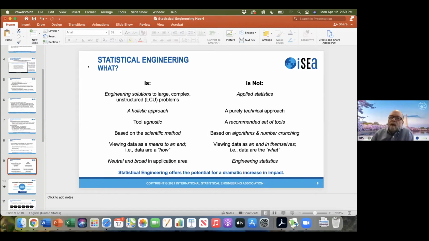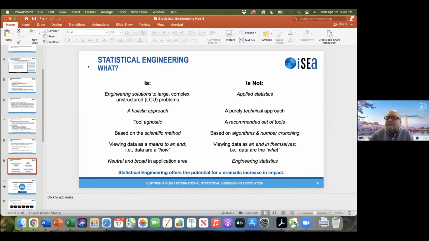Now, as we think about what it really is, one way I like to view it is what it's not. So what I have in this slide is sort of comparing what it is and what it's not. It's all about engineering solutions, hence the term statistical engineering. And of course, you don't need to engineer a solution unless the problem is large, complex, and unstructured.